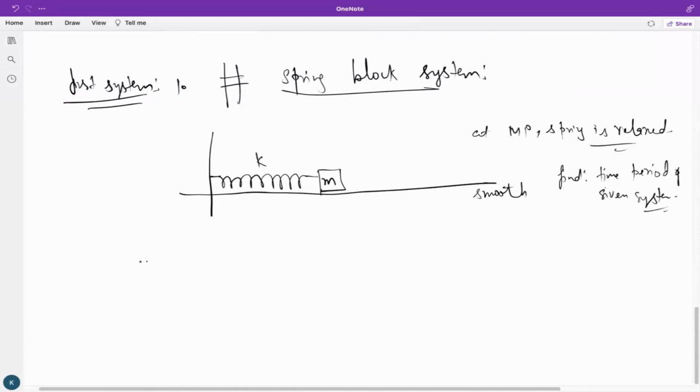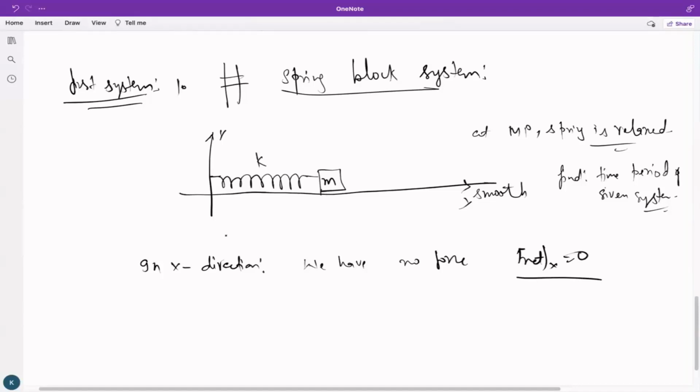This is our x-axis, this is our y-axis. In the x direction we actually have no force, net force is equal to zero, because the particle is initially at rest. So there is no force.